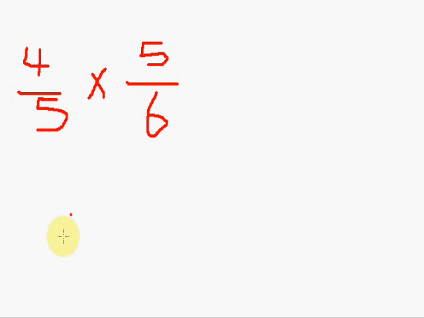Okay, when we are multiplying fractions, okay, we can do a number of things. We can simply multiply the numerators and then the denominators. So you have 4 5s are 20, 5 6s are 30, so you have 20 and 30. That is one way of doing it.